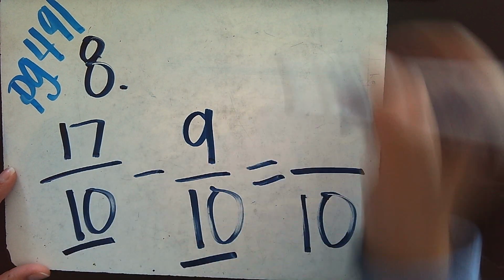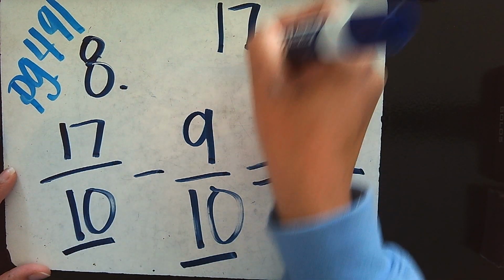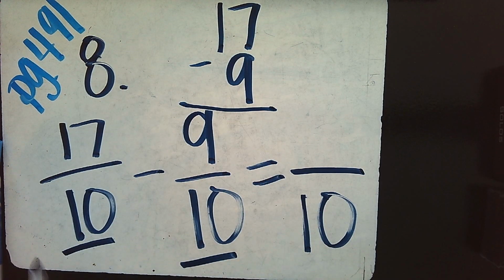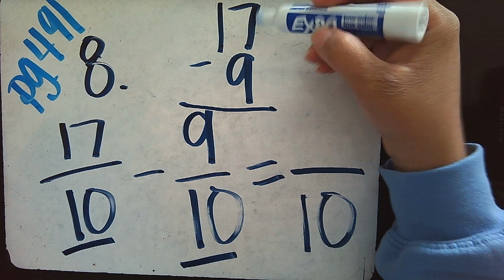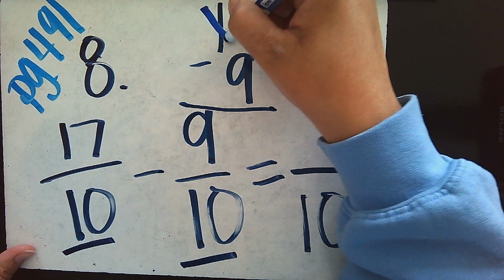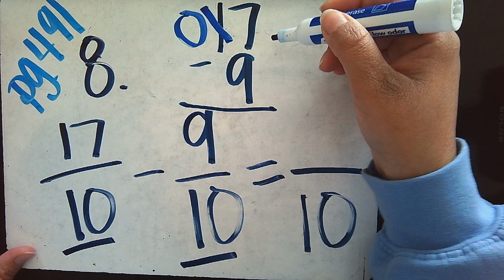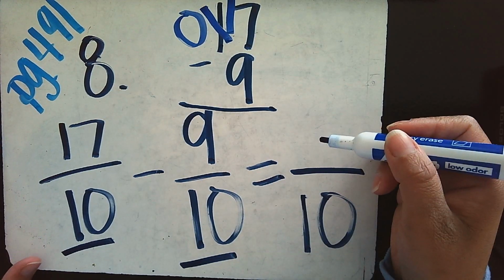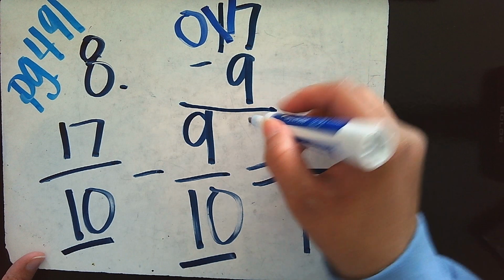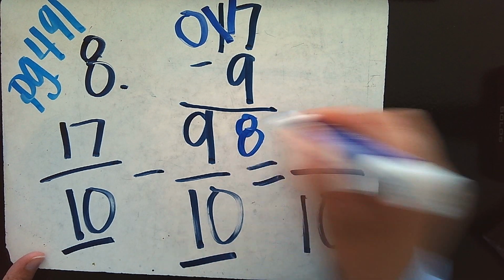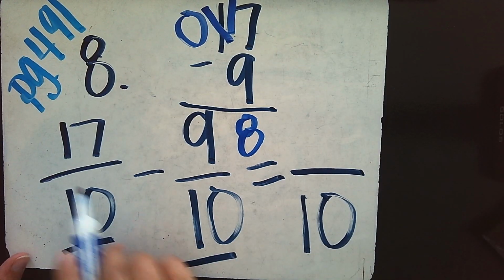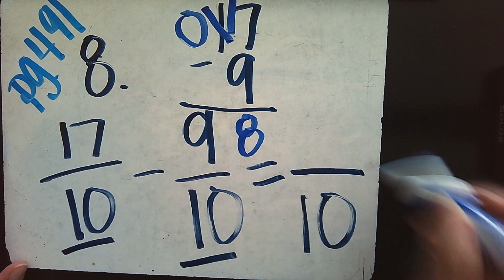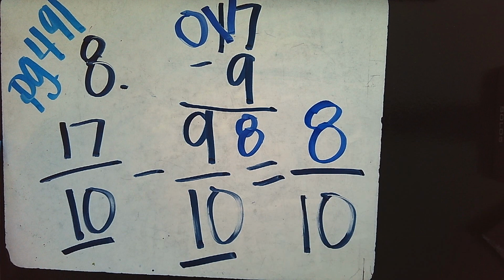If you cannot subtract this way, feel free to write it up and down and subtract that way. Do not forget, you cannot take 9 from 7, so you have to borrow from your neighbor, which turns into a 0, and your 7 now becomes 17. So now 17 minus 9 is 8. So then 17 over 10 minus 9 over 10 is 8/10.